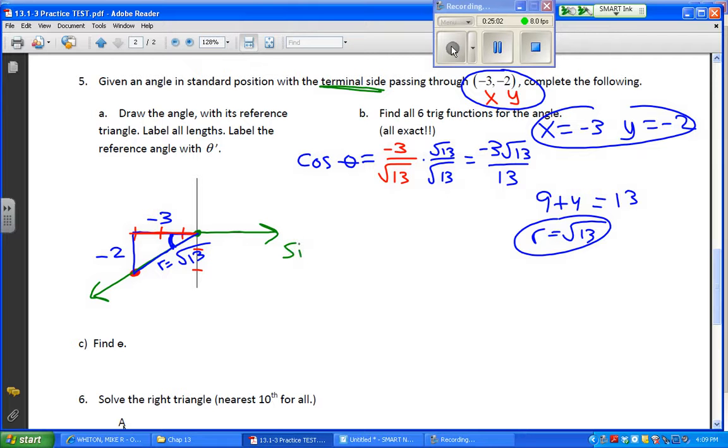What about sine theta? Opposite over hypotenuse. The opposite side from the reference angle is the y value. That's why sine is always y over r. Y over root 13, and we'll rationalize that one the same way, times top and bottom. So negative 2 root 13 over 13.